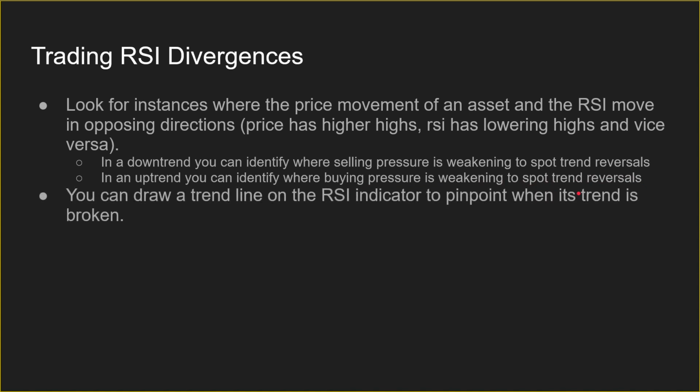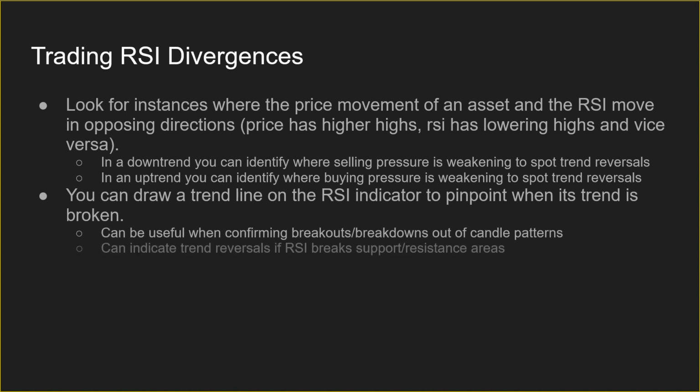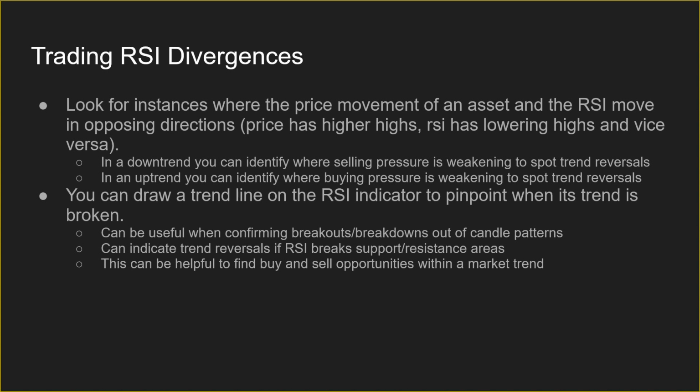Now, with this, you can draw a trend line on the RSI indicator to pinpoint when its trend is broken. This can be useful when confirming breakouts or breakdowns out of candle patterns, and it can indicate trend reversals if the RSI breaks support and resistance areas. Also, it can be helpful to find buy and sell opportunities within a market trend.